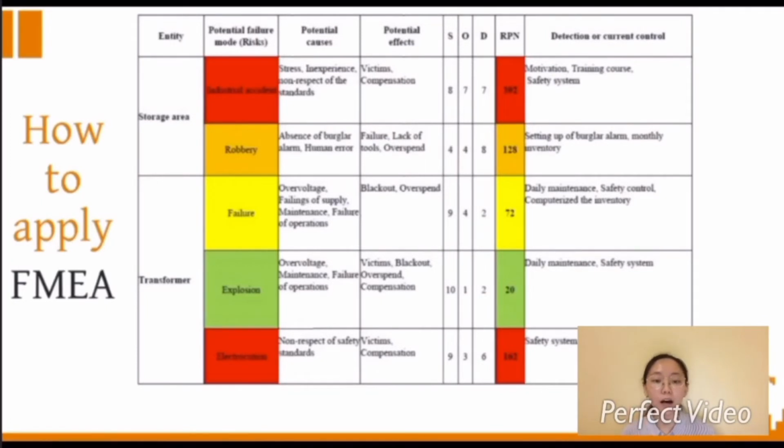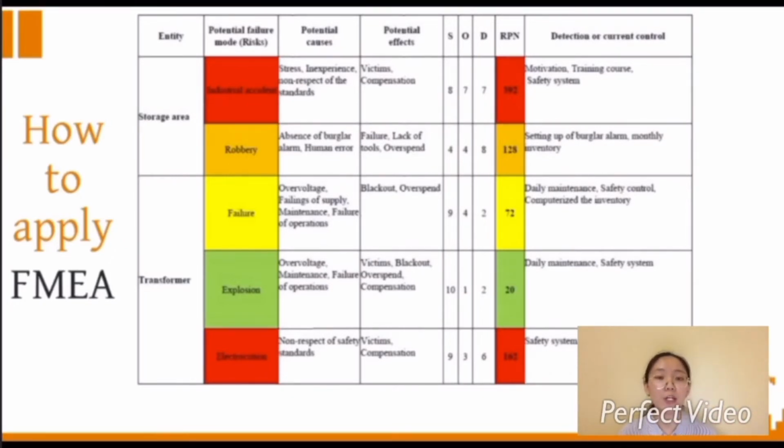And the potential effects of the fire are damage, victims, failure of wiring, and a blackout, right? After you do each one of the 16 risks with potential causes and effects, you could value the S, O, and D for each risk.